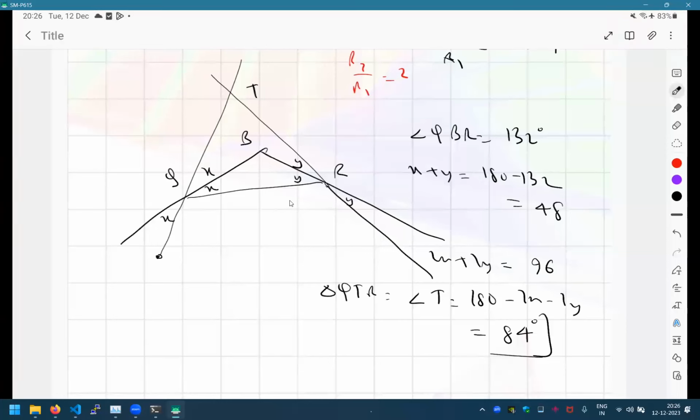Sir, can you use the measure of the angle of the incenter produced by the angle bisectors of two corners, that is 90 plus A by 2? Yes, yes, you can. That is a very good observation. You can observe that these are both angle bisectors. So therefore, B is the incenter.